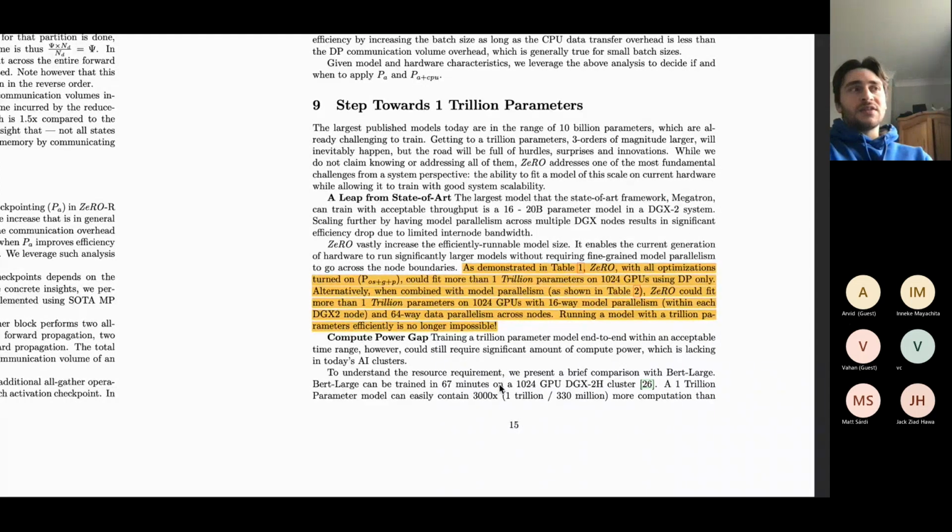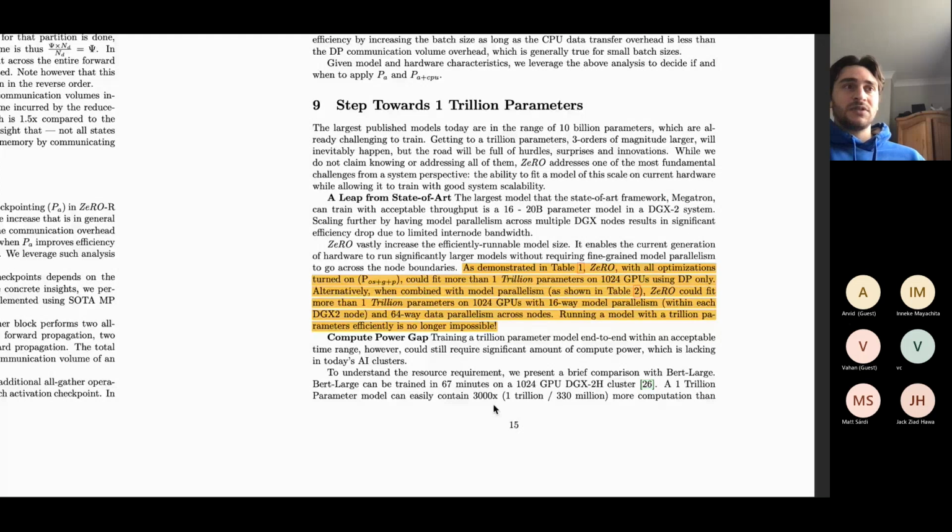But what they say is that a trillion parameter model, even if you optimize memory as much as possible and have the very low computation overhead that they have, it would take 3,000 times 67 minutes. And that's just because of how large the model is.